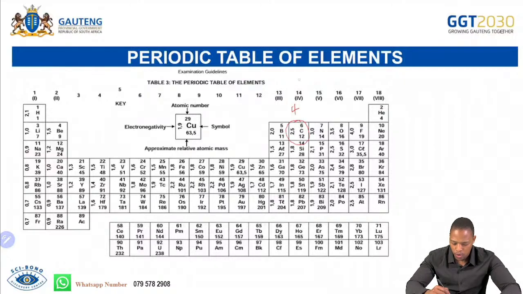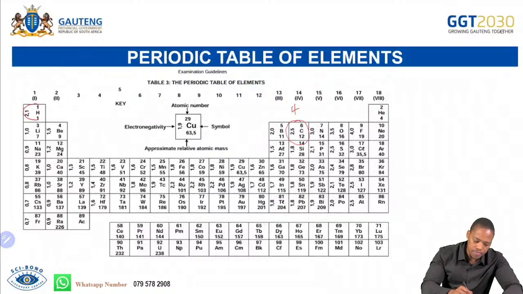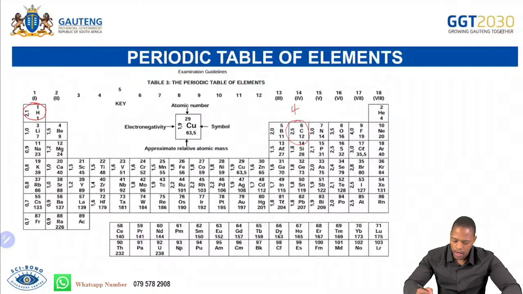So we say it is in group 4, right? And we're also going to look at hydrogen, right? And then also we are going to look at oxygen, and then we are going to look at these elements here in group 7, and the name of the elements in group 7 are said to be halogens.